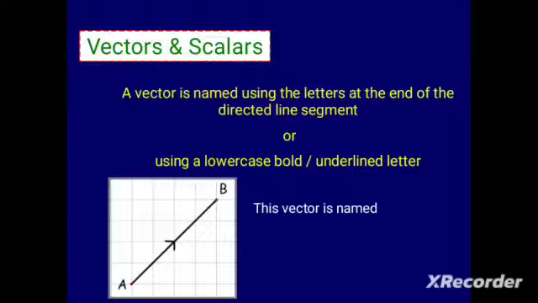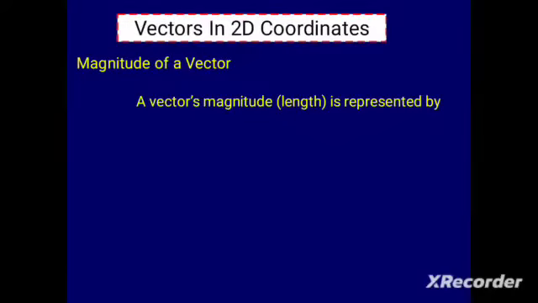And now the vector is named as AB with the arrow. So that is vector AB, or vector u, and u is bold because a vector can be named using a lowercase bold letter. The vector can also be written as vector u with an underlined letter u. So those are the three ways in which vectors can be written.